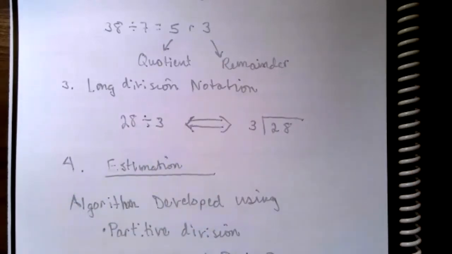Okay, so the next couple of classes will be about, well, obviously this class we're going to introduce the long division algorithm. So we'll deal with that for single-digit divisors during this class. And then we'll deal with estimation, and then we'll deal with 2-digit divisors. So the next couple classes are going to be about the long division algorithm.